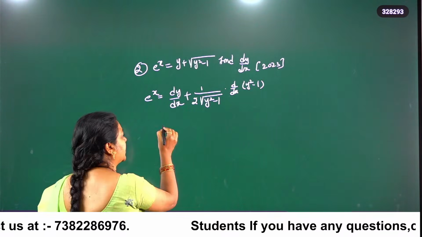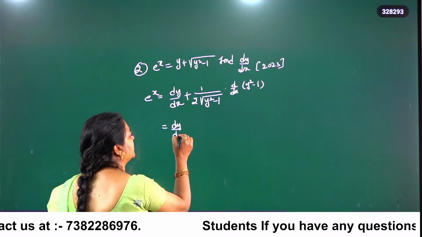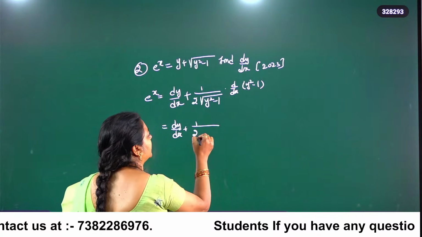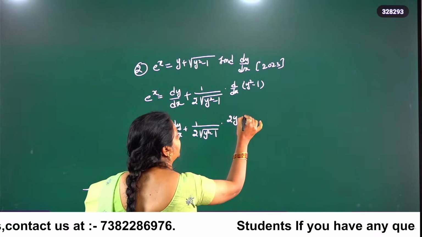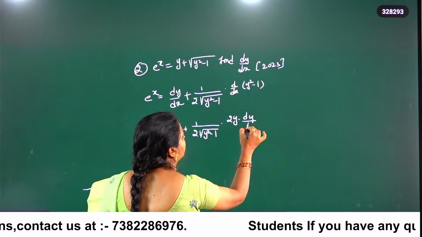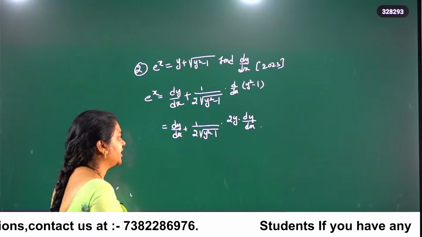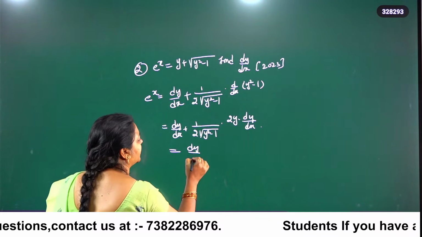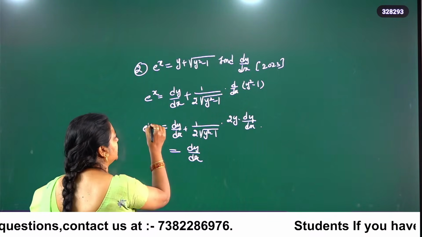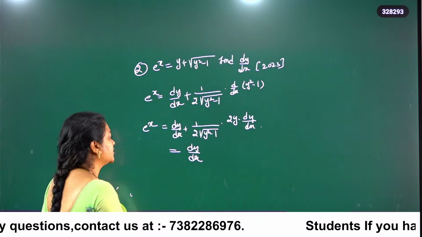So dy by dx plus 1 by 2 root y square minus 1 into 2y into dy by dx. In both, dy by dx is common. By taking dy by dx common, on this side we have e power x.